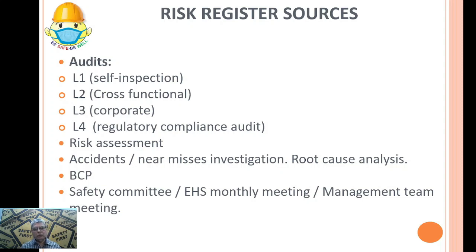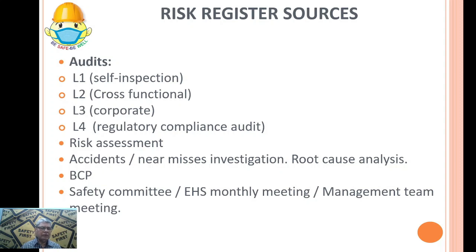Then there are certain reports by the safety committee, EHS monthly meeting, something is coming out of it, some decisions are coming out of it, that these actions are needed. So safety committee, EHS monthly meeting and management team meetings. So these are all sources of the CAPA and risk register. Mind well, all these are the sources for the safety planning also.